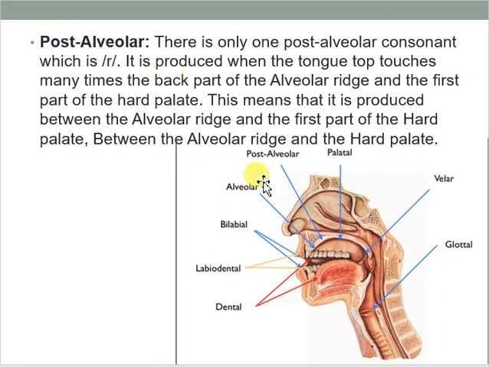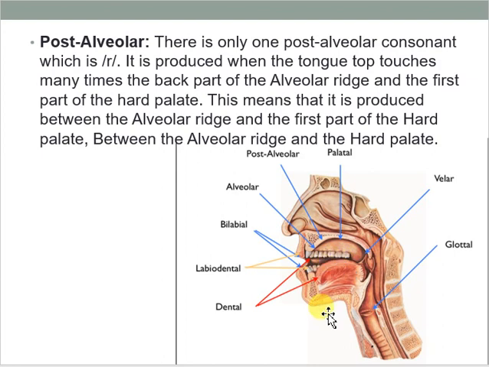Post alveolar. شوفوا البوست alveolar وين صايرة مباشرة بعد الالفيولار ريدج، يعني منطقة بين الالفيولار ريدج والهارد باليت، بس تكون أقرب للالفيولار، كأنه نقدر نسميها ذيل للالفيولار ريدج. ماشي، شوفوها كلش قريبة من الالفيولار ريدج. هاي المنطقة شنو من أصوات ننتج بيها؟ ننتج صوت ال r in English. شنو يصير بالحقيقة؟ The tongue is rolled back.